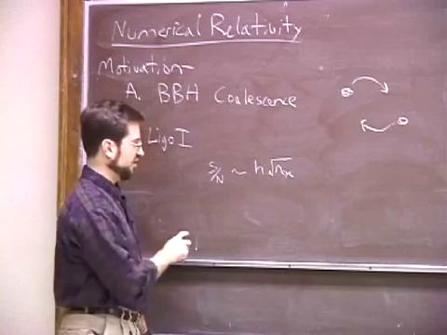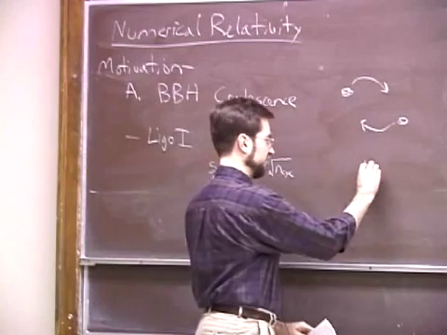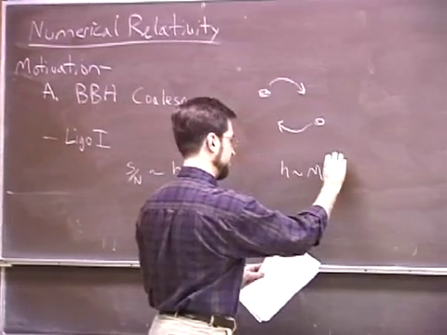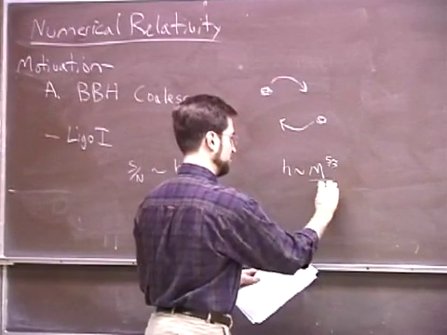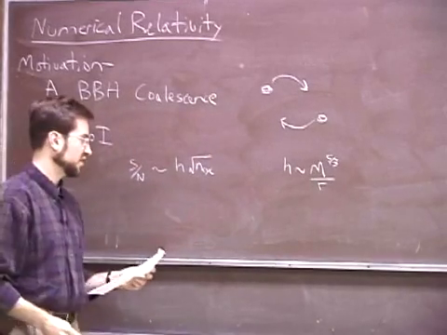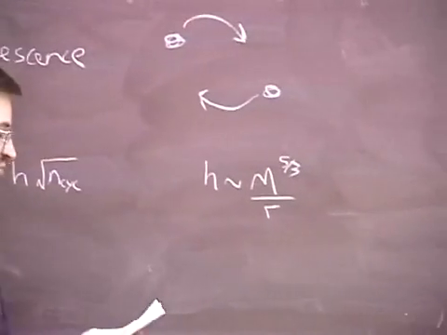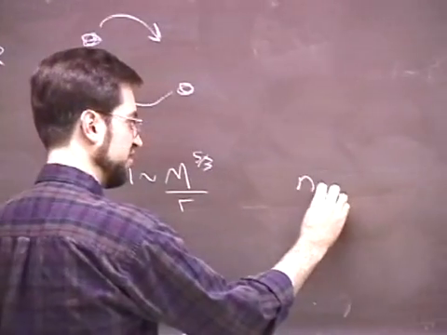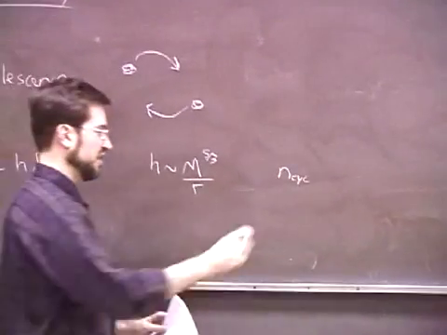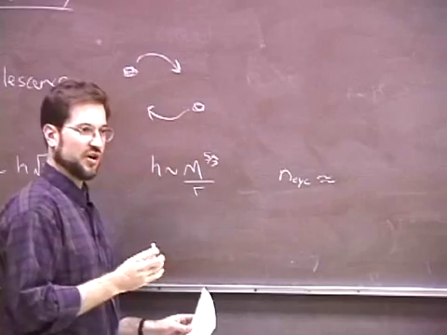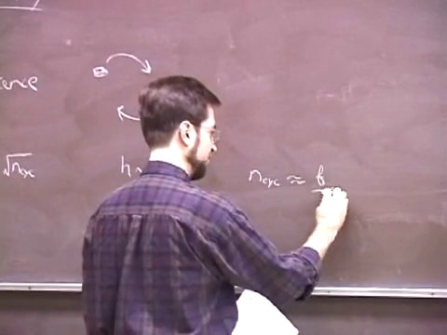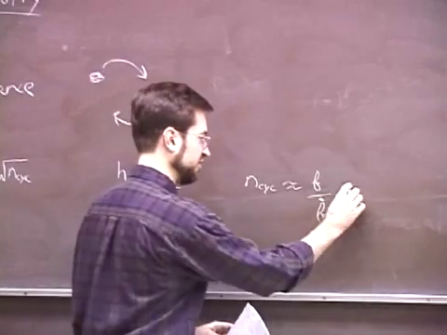And you've already seen from the quadrupole formula that this h goes something like m to the 5/3 over r, where now I've assumed equal mass holes. And you can also make the estimate that the number of cycles that you see, at a fixed frequency, is going to go something like the amount of time per cycle. So this is like f over f dot times the frequency.